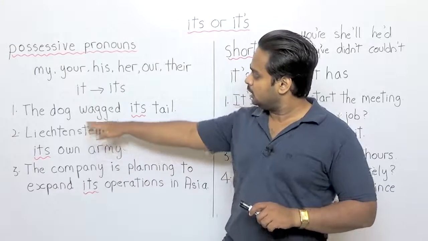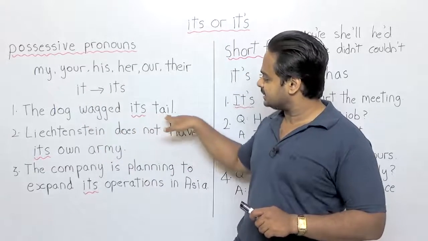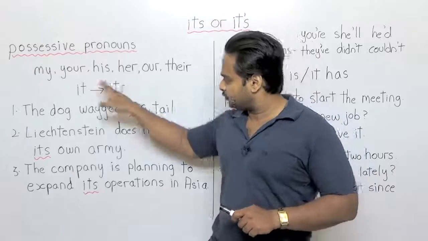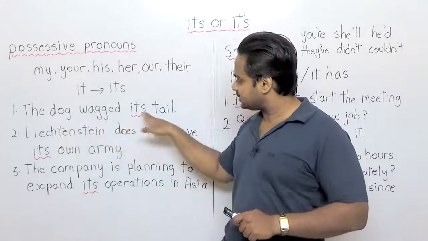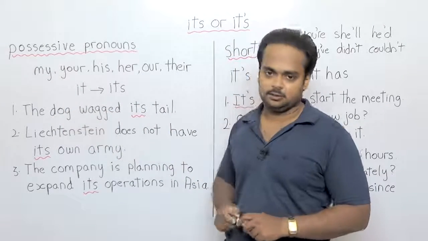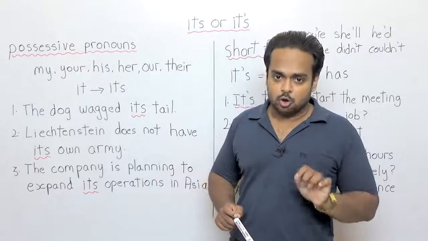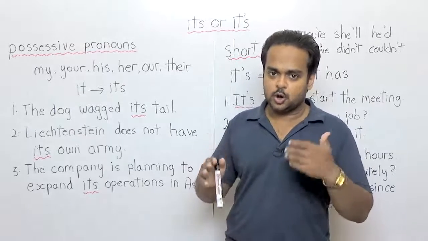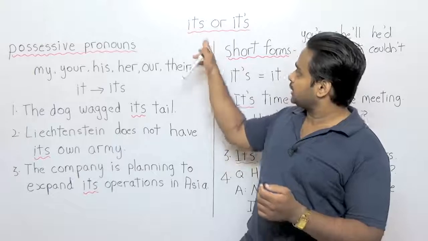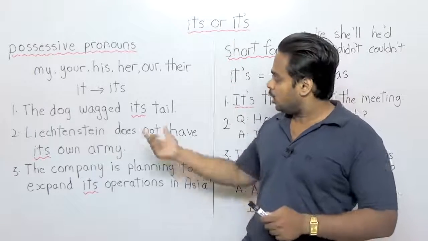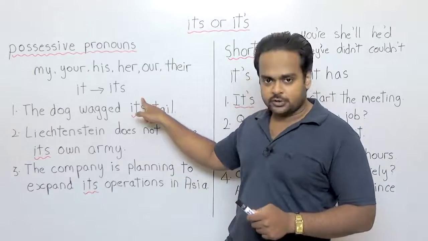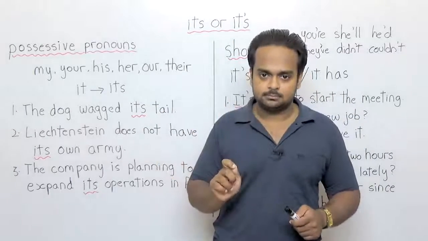For example, the dog wagged its tail. Here, it refers to the dog and its means the dog's tail. Now, one very, very important thing to notice here, and this is key to understanding the difference between the two forms. When there's no apostrophe, there's no short form.